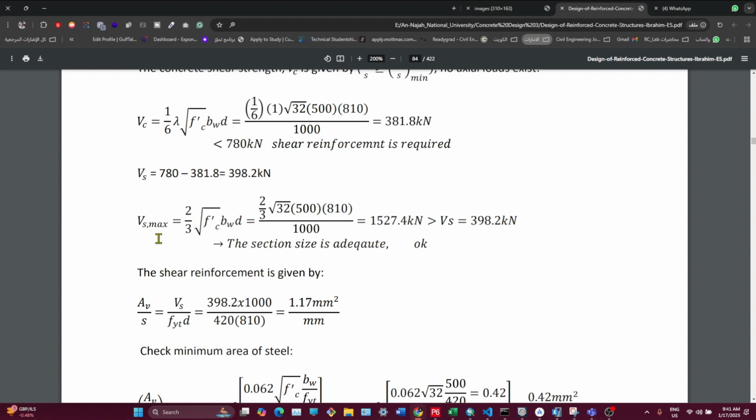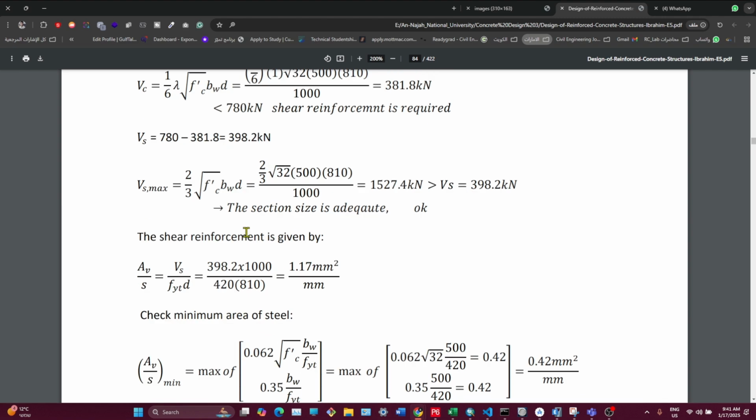Exactly. Now we have a limit for the maximum Vs that is allowed, because if this value exceeds it, we need to take it as a Vs maximum, which is equal to 2/3 times the square root of f'c times bw d. Since Vs is equal to 1500 something, 27, it's less than this value, so the Vs maximum is not exceeded, and we can design on this value.